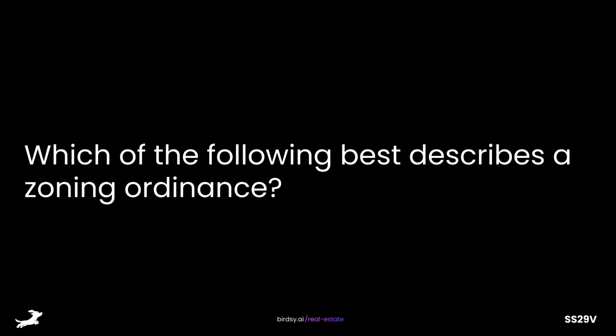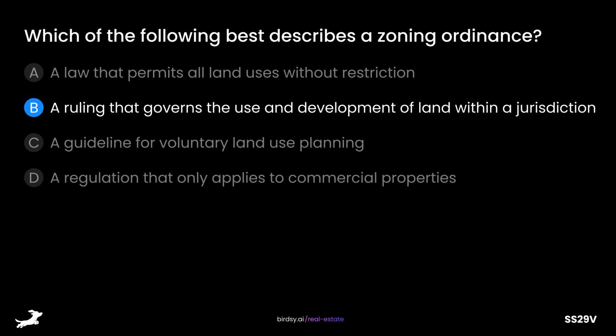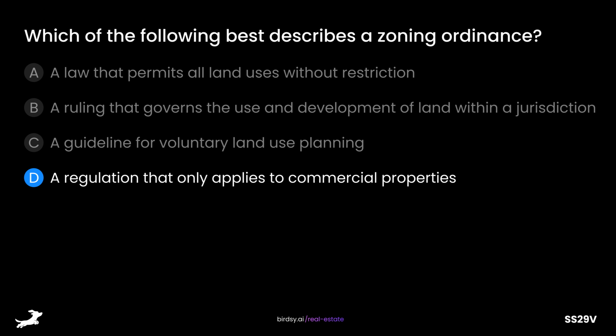Which of the following best describes a zoning ordinance? Is it A, a law that permits all land uses without restriction, B, a ruling that governs the use and development of land within a jurisdiction, C, a guideline for voluntary land use planning, or D, a regulation that only applies to commercial properties?